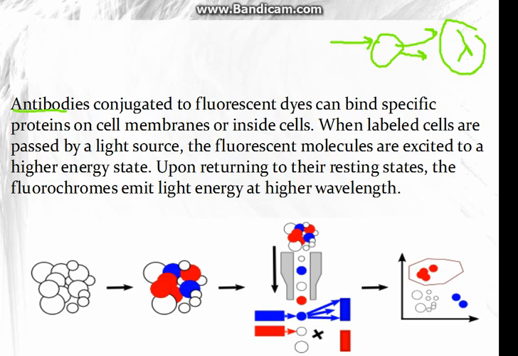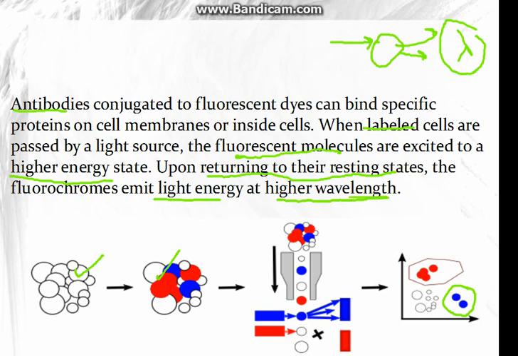Okay, this is the normal sample. In this, the antibodies get conjugated with the fluorescent dyes, and now when this is passed through a light source, there is emission of a wavelength, and this emission we will check. When the labeled cells are passed through the light source, the fluorescent molecules are excited to a high energy state, and when they return to their resting state, they emit light energy of a higher wavelength.